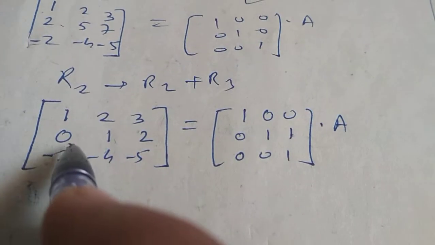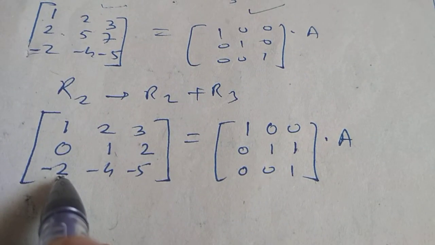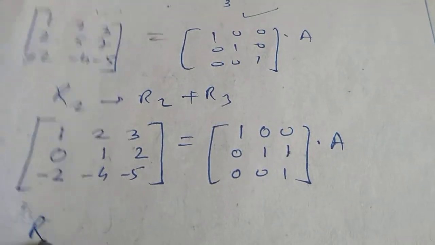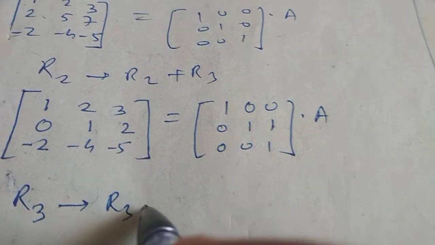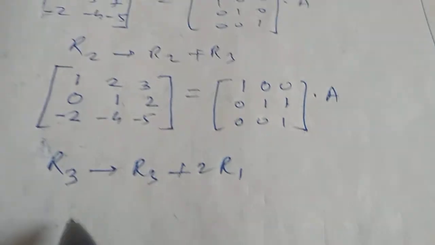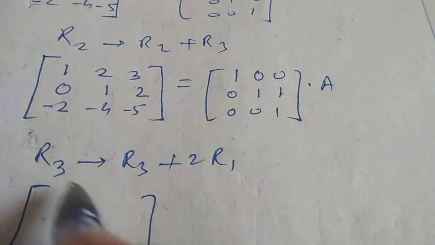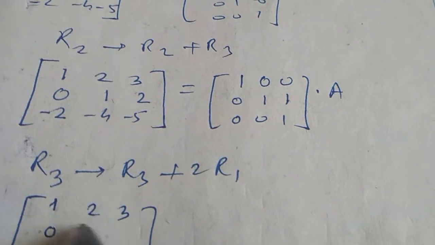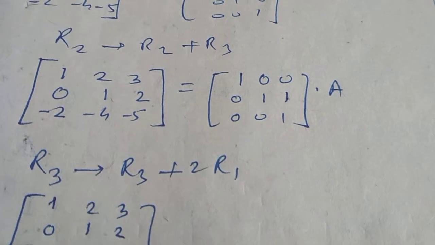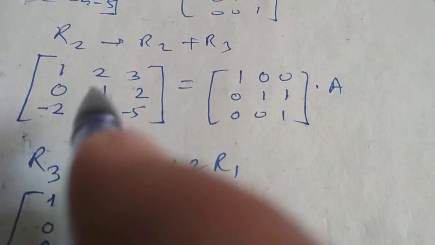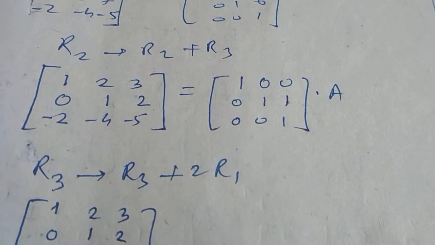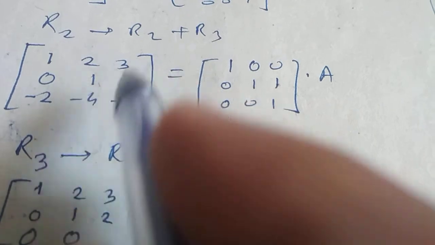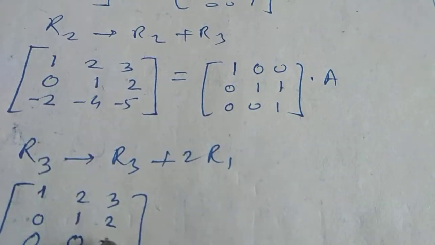Next focus is to make this element 0. This can be easily done by applying R3 changes to R3 plus 2 times R1. So the first two rows stay as they are: 0, 1, 2, and minus 2 plus 2 times 1 will be 0, minus 4 plus 2 times 2 will also be 0, minus 5 plus 2 times 3, minus 5 plus 6, will be 1.